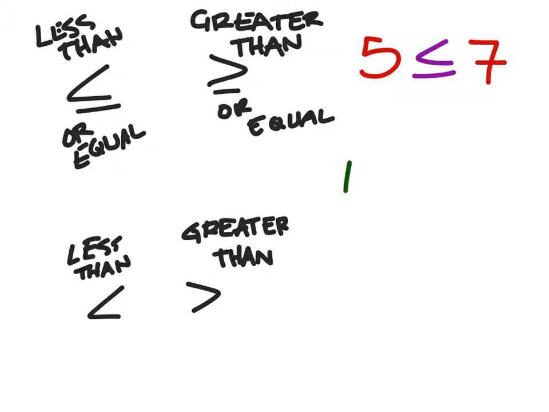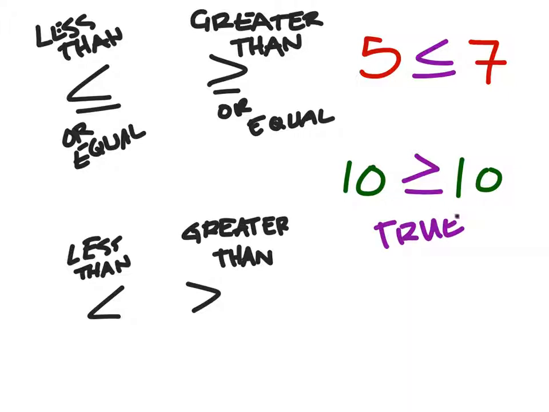Let's compare 10 with 10. Is 10 greater than 10? No, that's false. But is 10 greater than or equal to 10? Yes, now this is a true statement. Even though 10 is not greater than 10, it is equal. And that's why it's "or equal." Since it is equal, it makes it true.